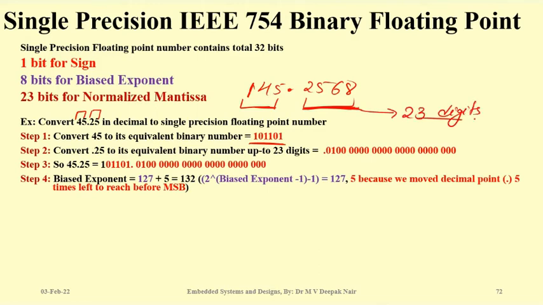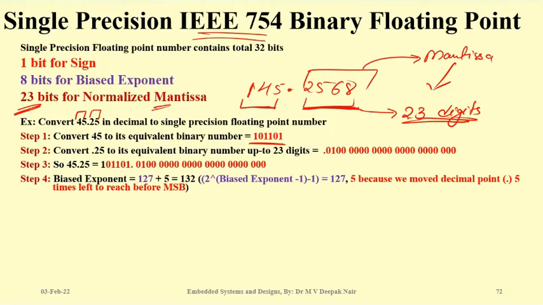Now the question comes, why 23 digits? Because these 23 digits are for the mantissa. So the digits after the decimal point, after the 6, will go and represent the mantissa. And that is according to IEEE 754. There should be 23 digits dedicated for the mantissa part.